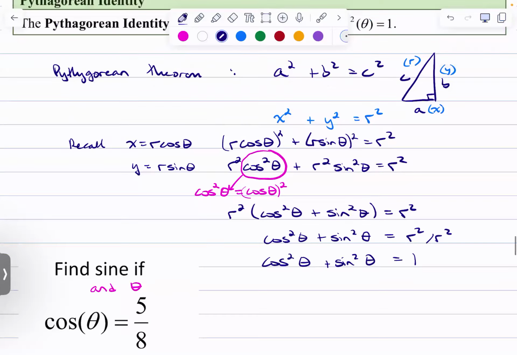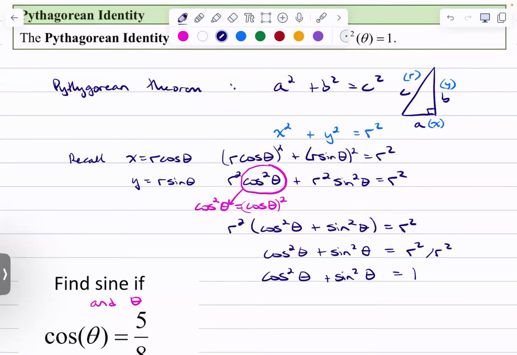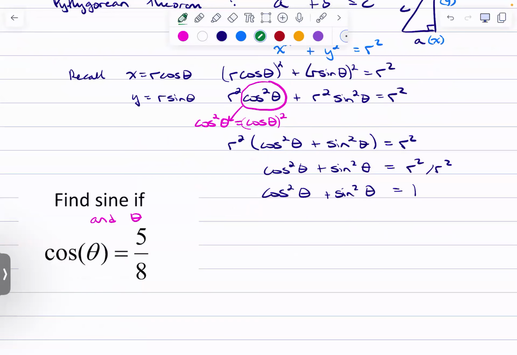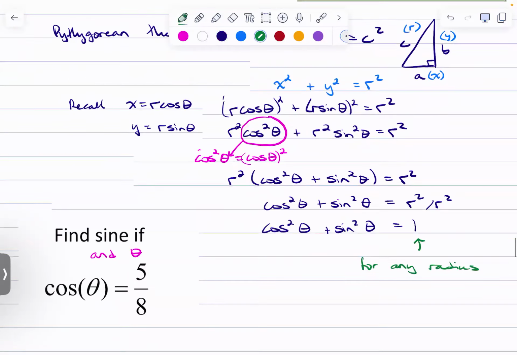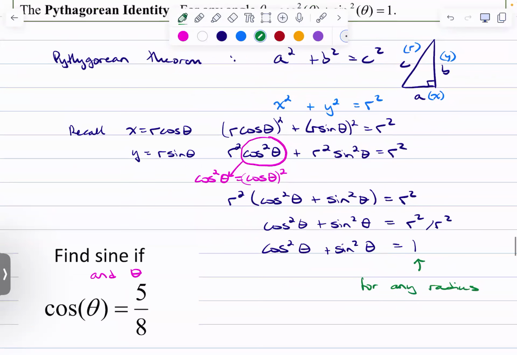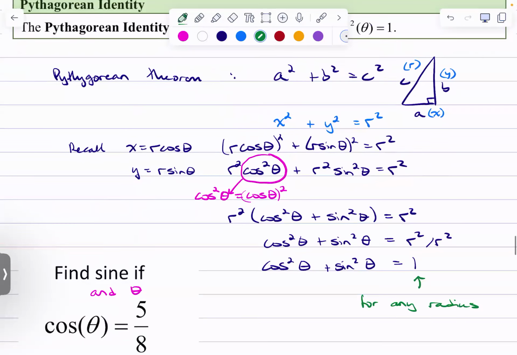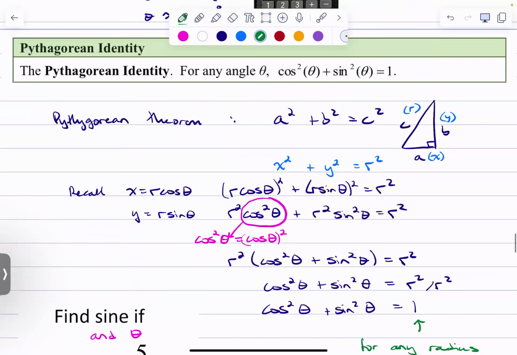Notice that that's regardless of what the radius is. It doesn't care what the radius is because it was divided out. For any radius, once you divide it. So that's cool. That Pythagoras, he was onto something, huh?